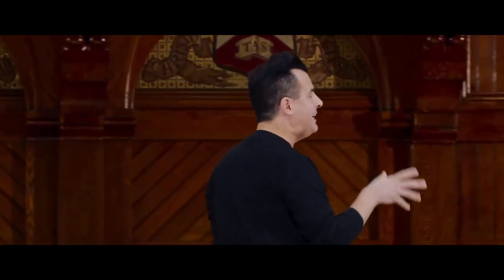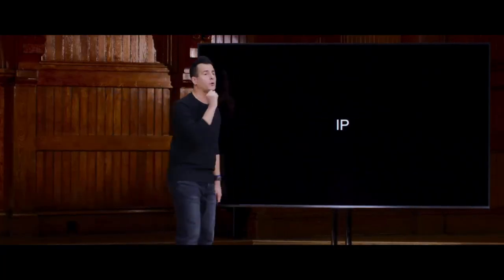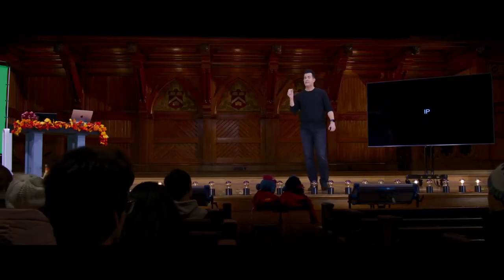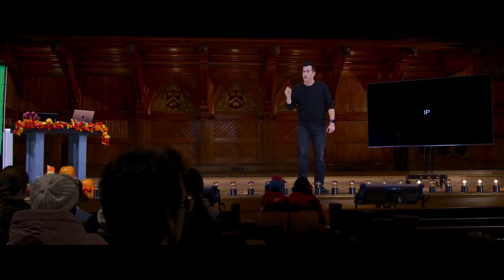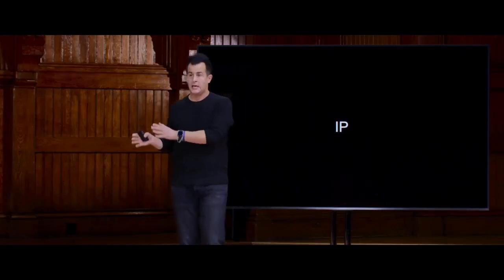But TCP and IP are two different protocols that solve two different problems. And let's focus on the last of them first. So IP, short for Internet Protocol, is simply a protocol that decides to give all of us a unique address in the world. In other words, there are these things called IP addresses. It's a numeric address that literally every computer in the world has in order to uniquely identify it. Case in point, in the real world, we have addresses too.